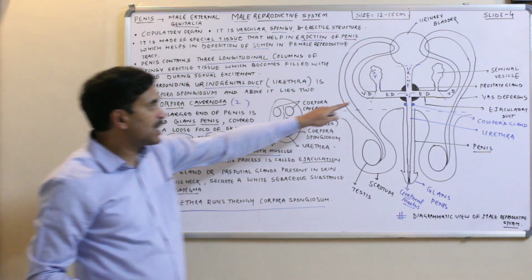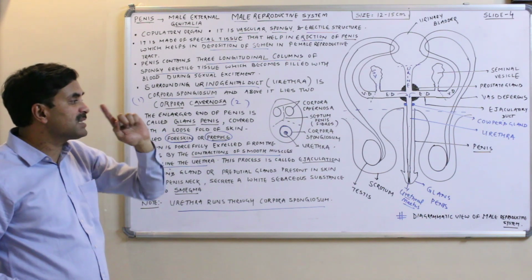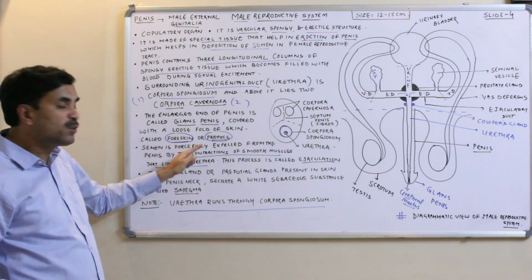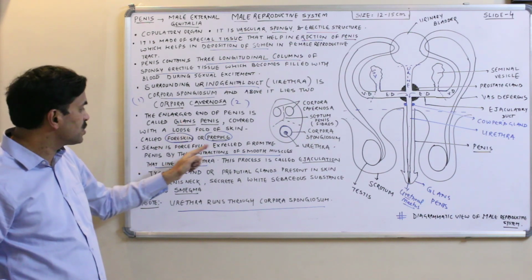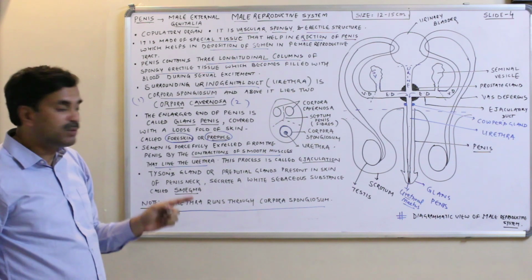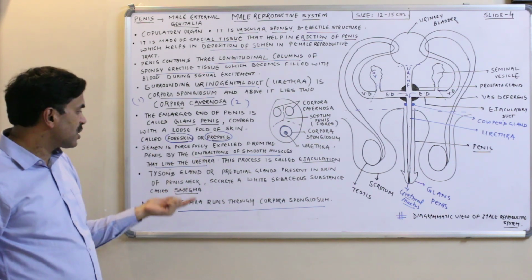Why? Because the ejaculatory duct has poured the semen into the urethra, and the urethra is passing through the penis. So semen is forcefully expelled out from the penis by the contraction of the smooth muscles lining the urethra, and this act is called ejaculation.